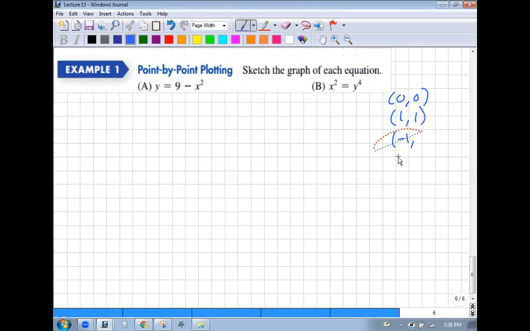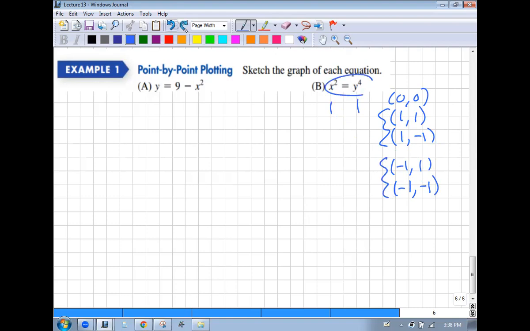Doesn't work out here though, because if X is 1, Y could also be minus 1. You see that? Minus 1 to the 4th power is still 1. If X is minus 1, Y could either be 1 or minus 1, because minus 1 squared would be 1, and minus 1 to the 4th is 1, right?